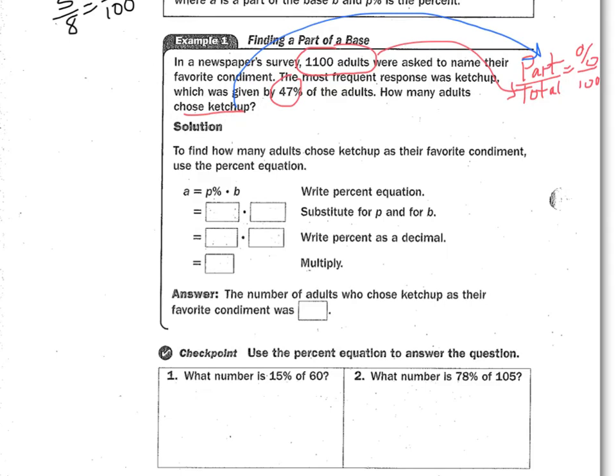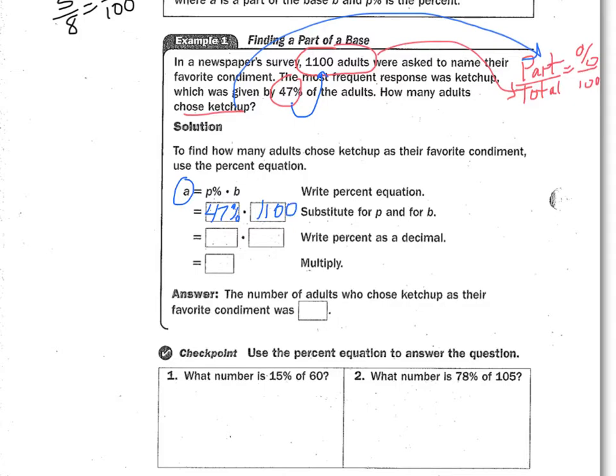In order to find it by writing a percent equation, it's the same thing as saying 47% of the 1,100 adults is equal to that part. So in this case, the a is unknown, and you'd write 47% times 1,100.